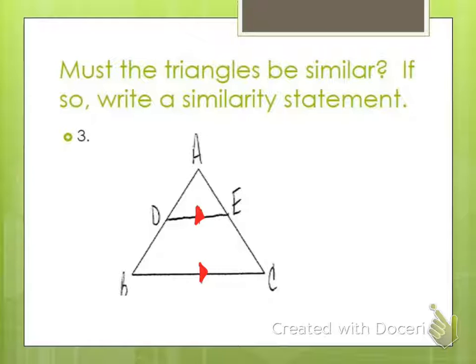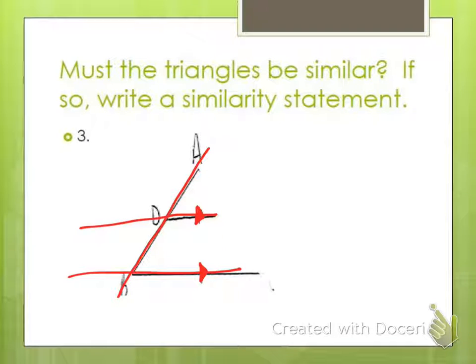So for this problem, I'm going to take away different pieces of the problem for us to look at it. If I just take away this side over here for now, we'll bring it back in a minute. And I extend this side here, and I extend my parallel lines.